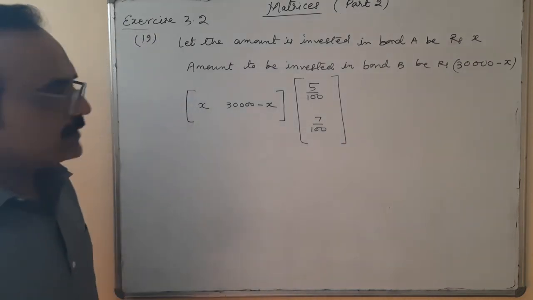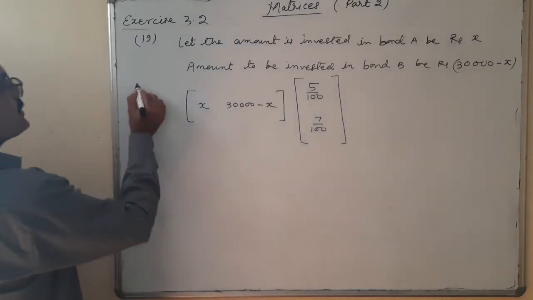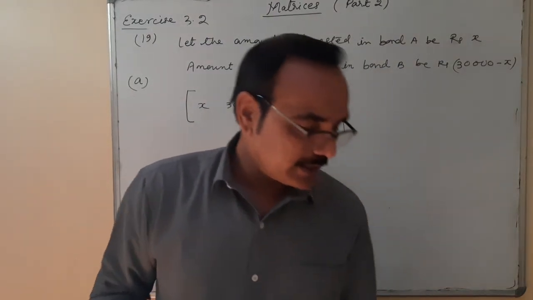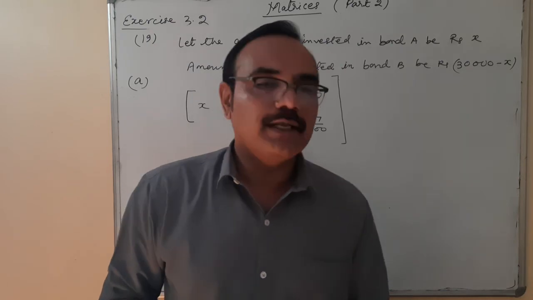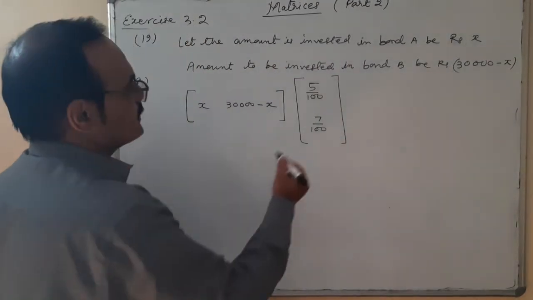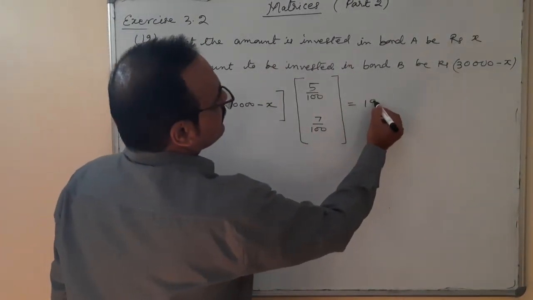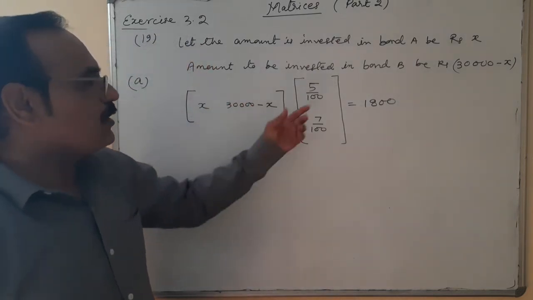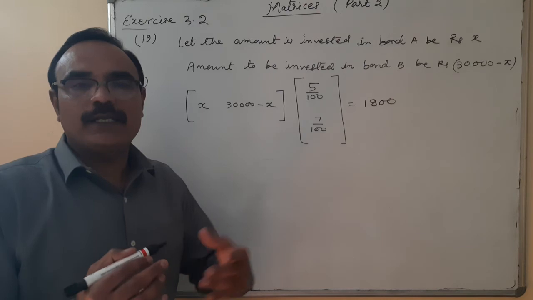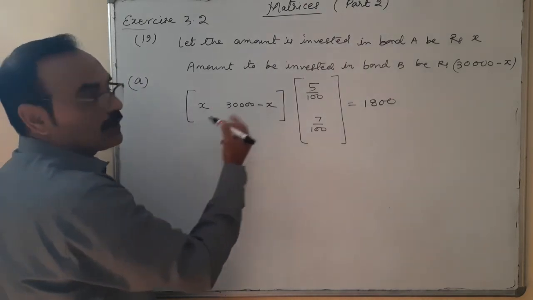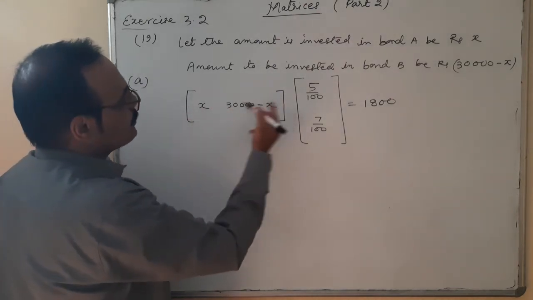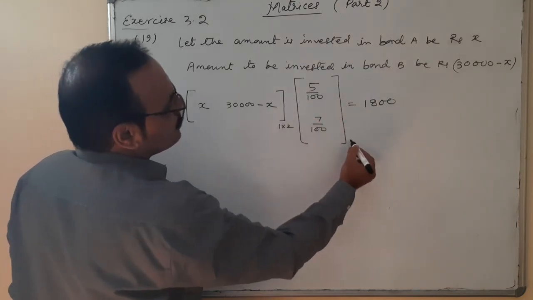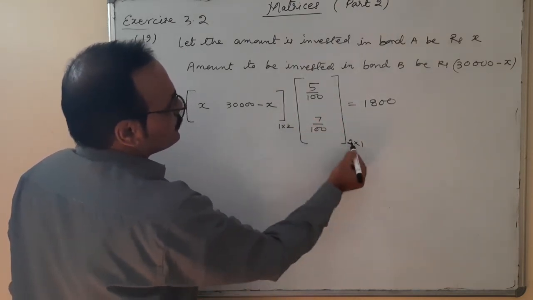Is equal to, there are two questions, in which first I am taking A. The total interest, they are saying in the first case, is rupees 1800. So this is equal to 1800. One row, one column matrix, when we multiply them, then what happens? It is 1 cross 2, first row, and 2 cross 1, so the inner 2 are the same, and we get 1 cross 1.